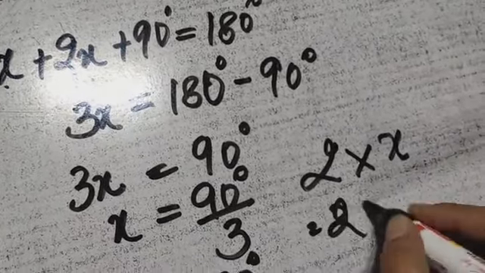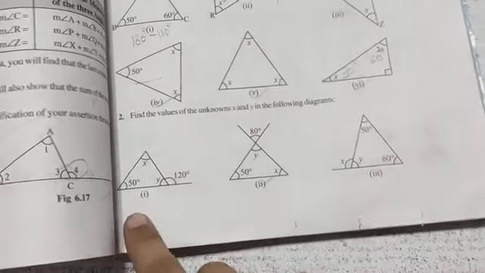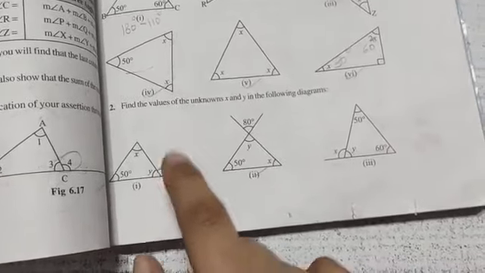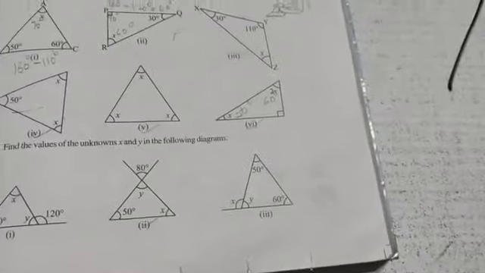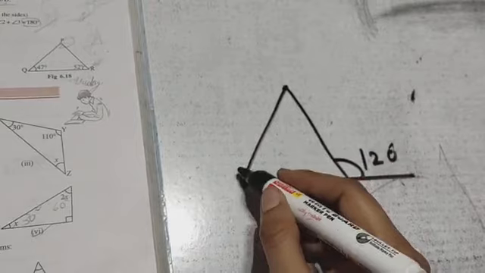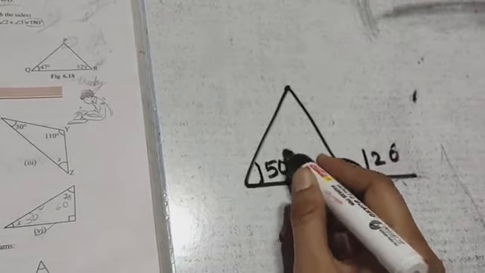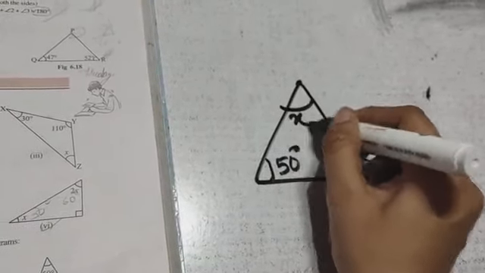Find the values of the unknown x and y in the following diagram. Now we have to find x and y in the following diagram. How will we deal with this problem? See, we are given 120 degrees over here and 50 degrees over here, and x here and y.